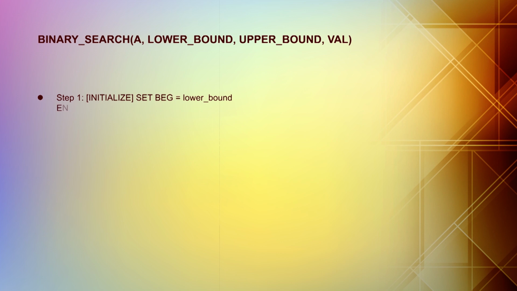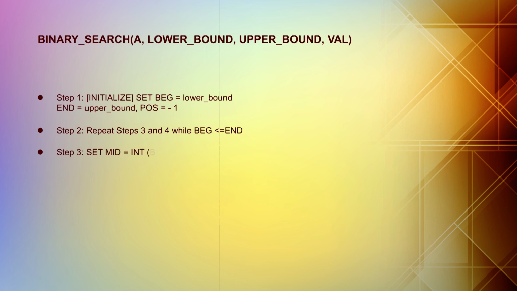By the pseudocode we can write: set the beginning at the lower bound, end at the upper bound. Then repeat steps 3 and 4 while beginning is less than or equal to end, here we apply a loop. In step 3, set mid equal to integer of (beginning plus end) by 2.